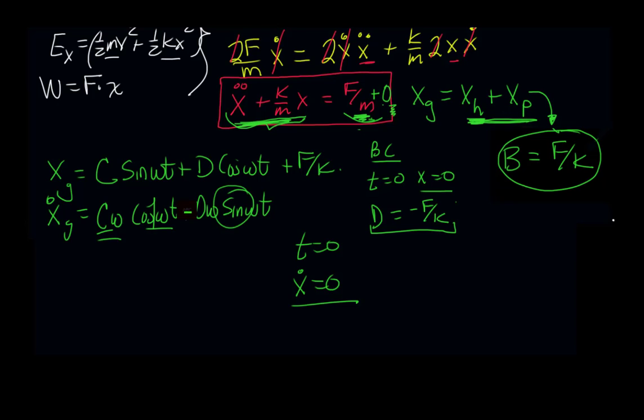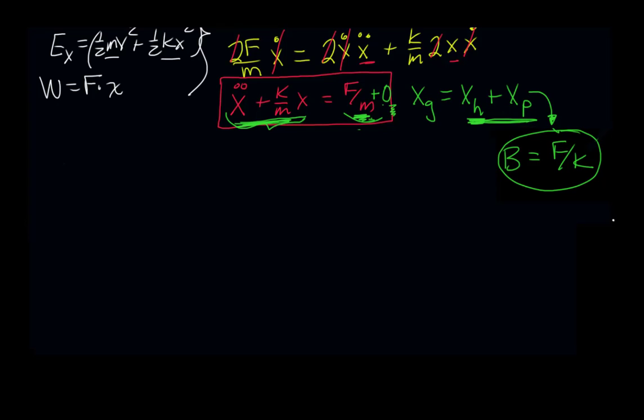And we find that c is equal to 0 from that. So this term doesn't exist. And with that, we have our solution. So our final solution is that x is equal to minus F on k cosine of omega t plus F on k.